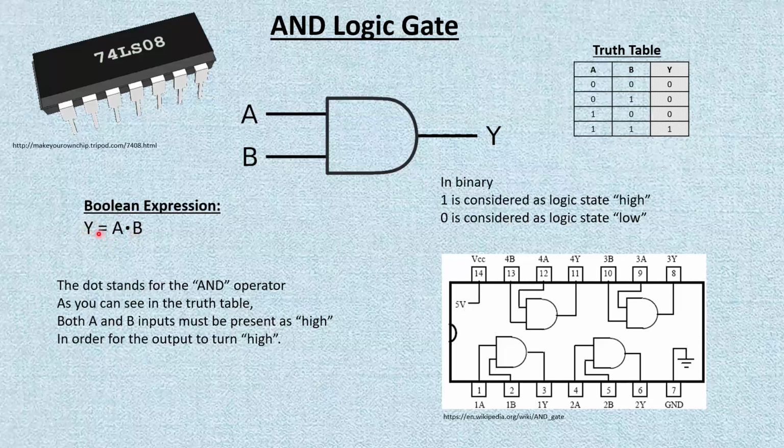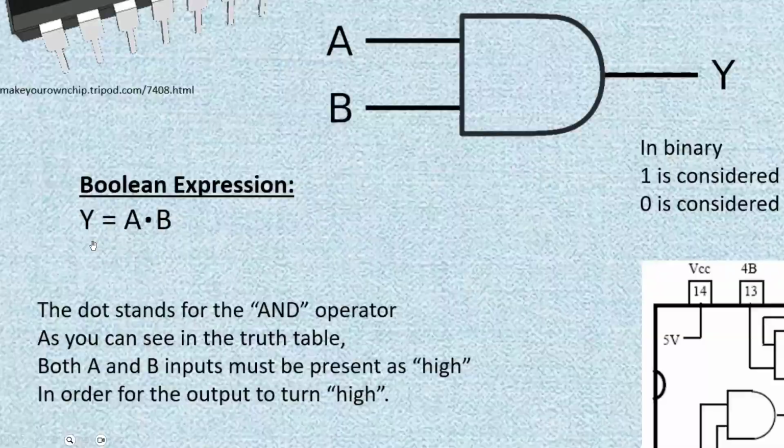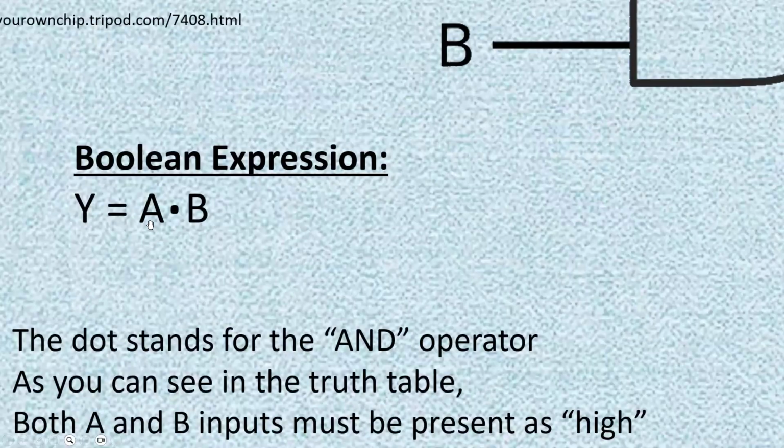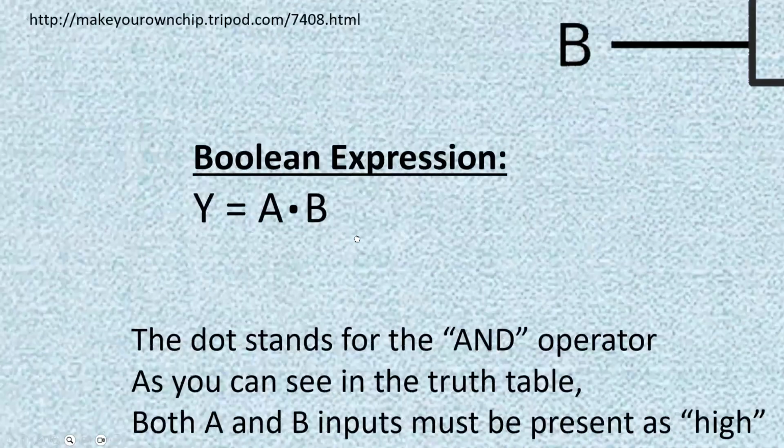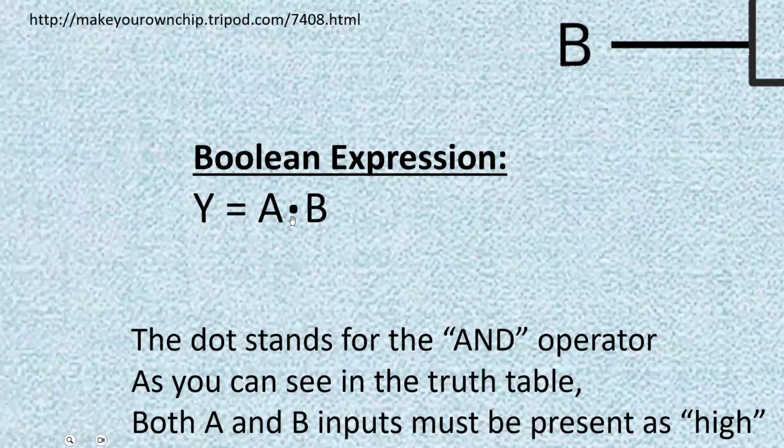The Boolean expression is the output equals A, and in regular algebra this dot would be the symbol of times, A times B. But in Boolean algebra, we read this dot as AND.